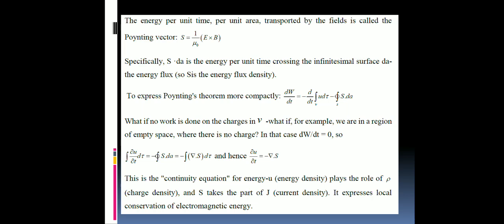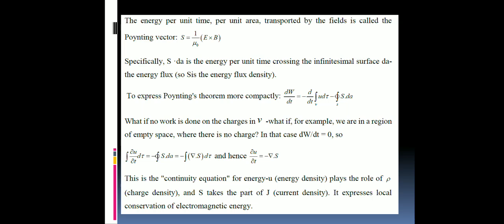Of course not. The fields do work on charges and the charges create fields. Energy is tossed back and forth between them. In the overall energy economy, you must include the contribution of both the matter and the fields.